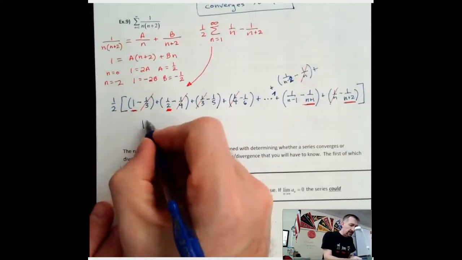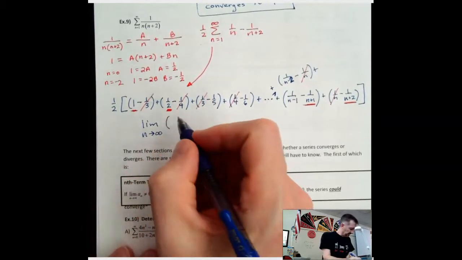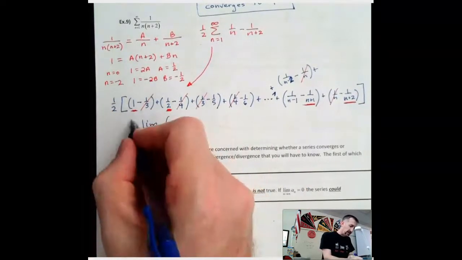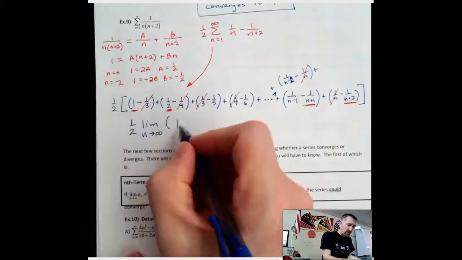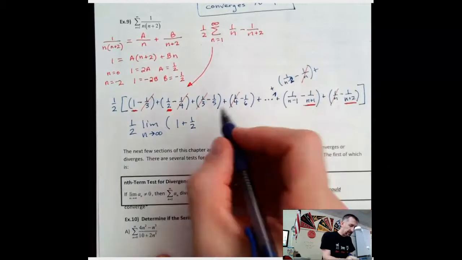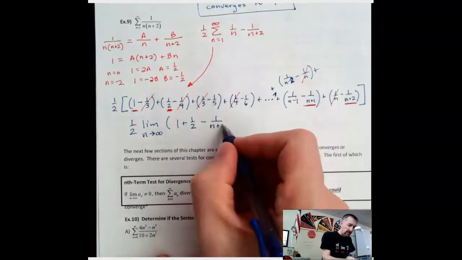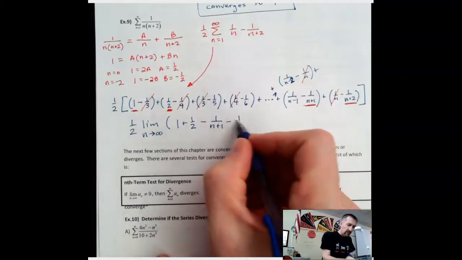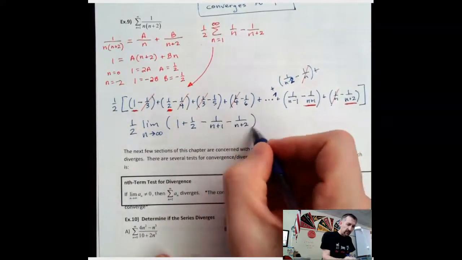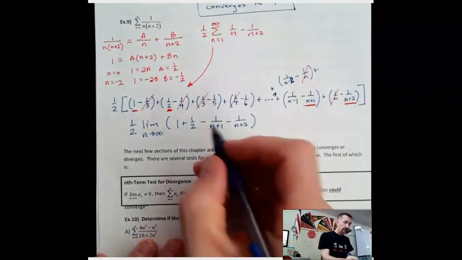So we're going to have the limit as n approaches infinity of, and I'm going to factor the 1/2 out in front of that limit. And so I'm going to have 1 plus 1/2 minus 1 over n plus 1 minus 1 over n plus 2. If you're a little bit lost here, it's probably not that big of a deal, but anyway.